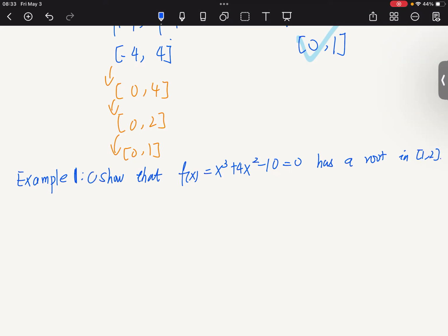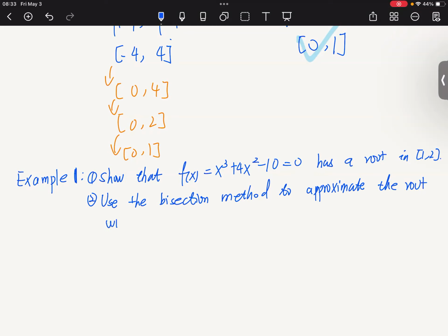And second, we are going to use the bisection method to approximate the root with the error less than 10^-4.